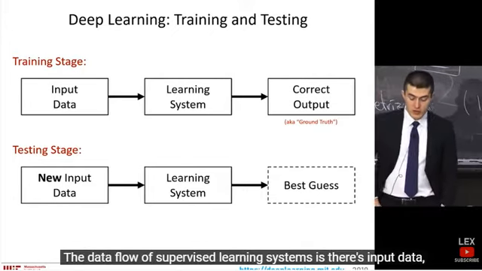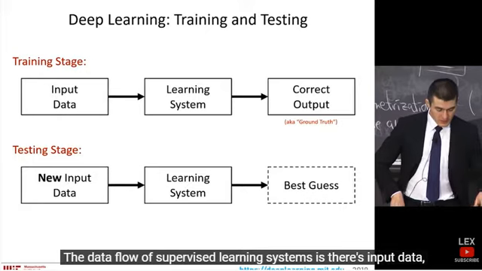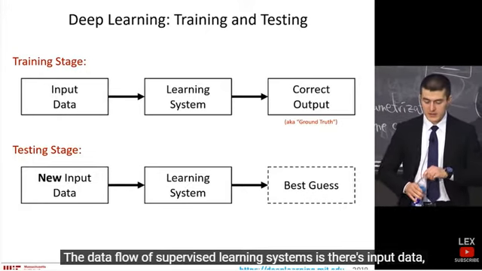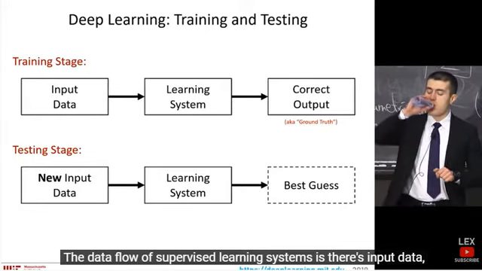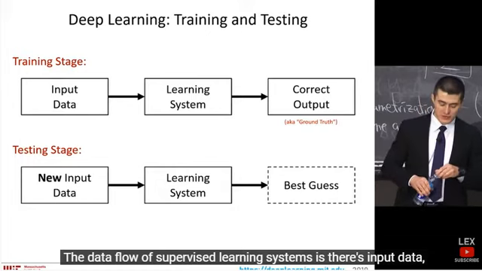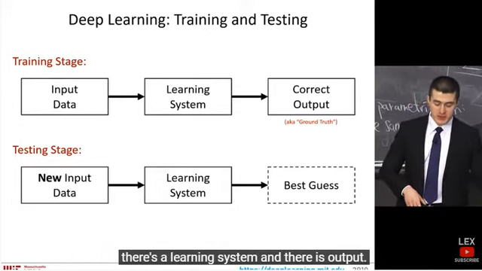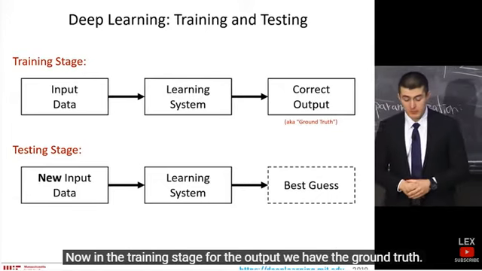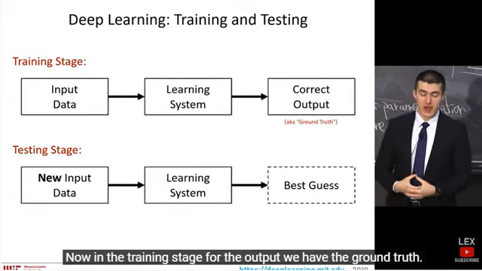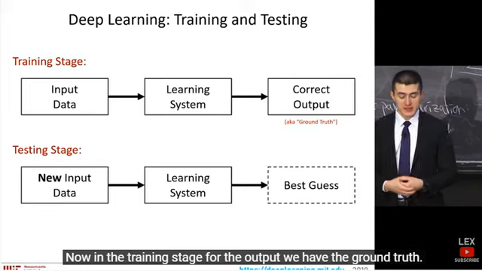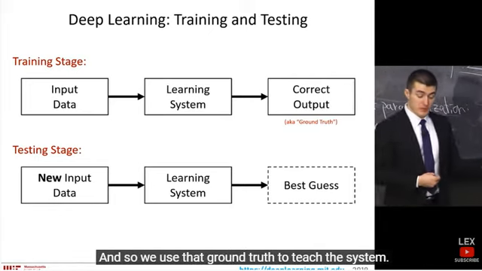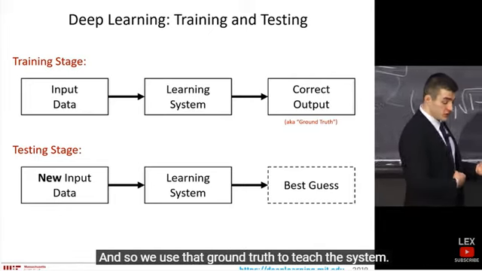The data flow of supervised learning systems is there's input data, there's a learning system, and there is output. Now, in the training stage for the output, we have the ground truth, and so we use that ground truth to teach the system.